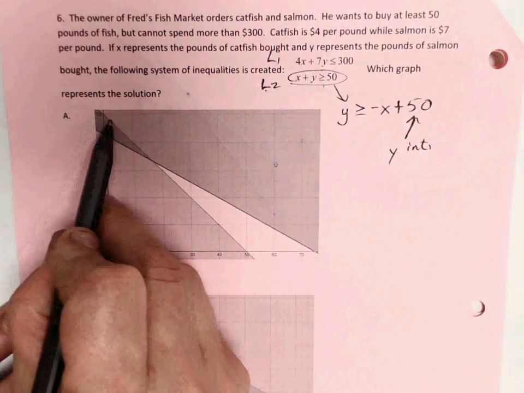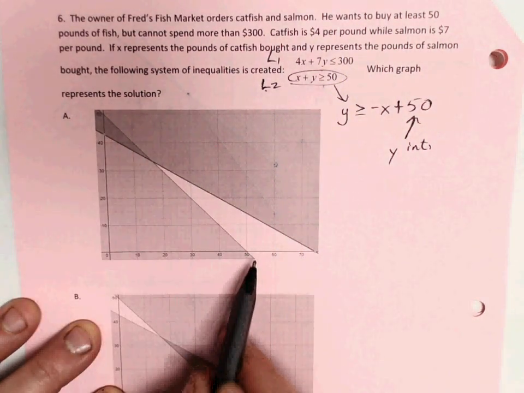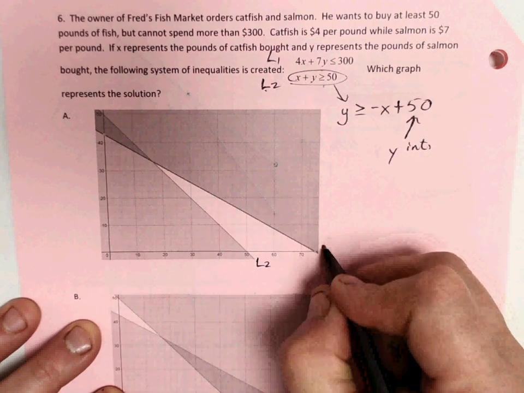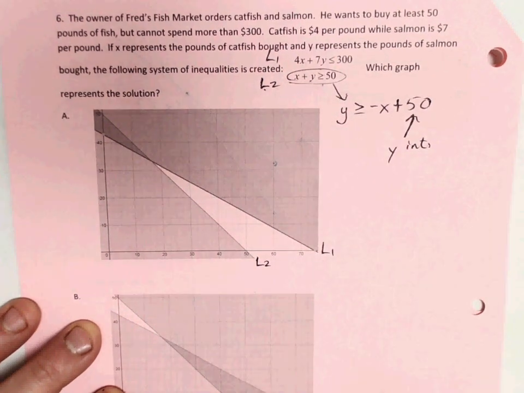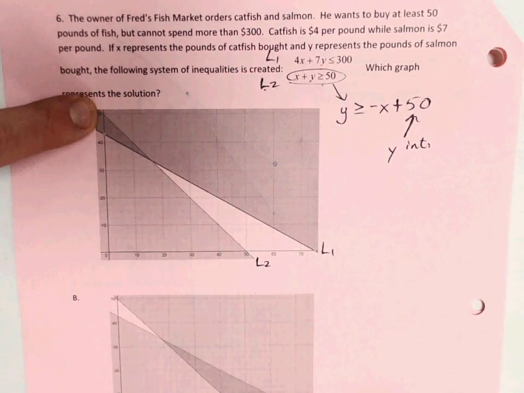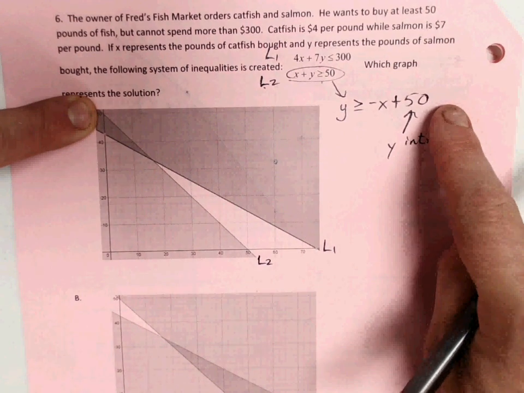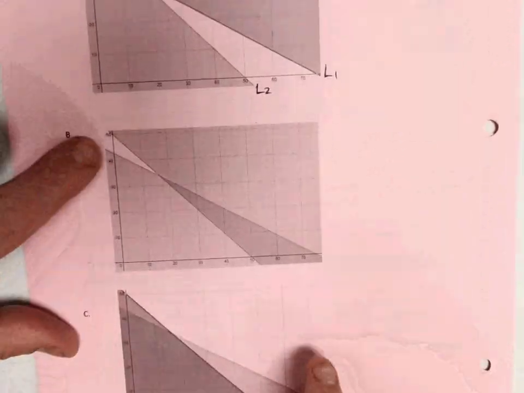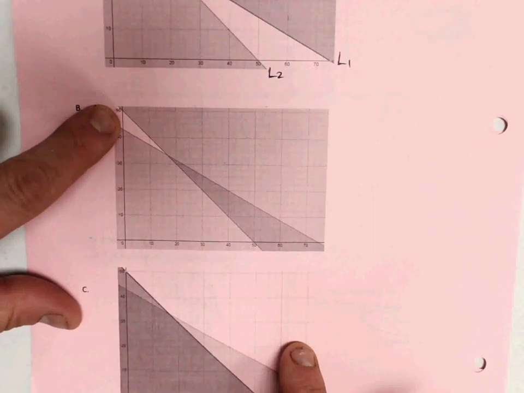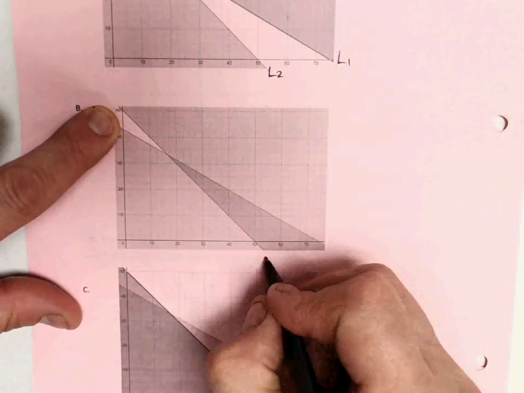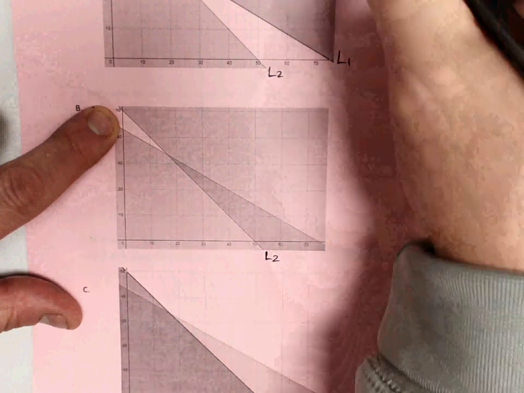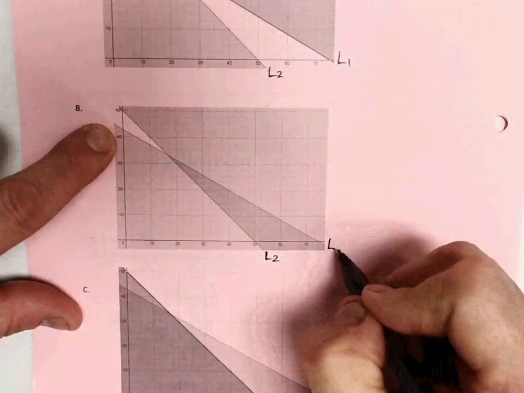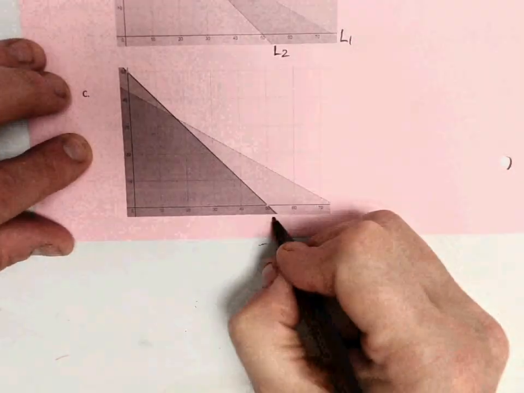Well, if I look right here, that means that this line right here is my second line, which means this one has to be the first. Again, I'm looking at my y-intercept to help me identify which line is which. And I can do this on all the answer choices. This one is 50, so this line is the second inequality, and this one is the first. I can do that on all of them.